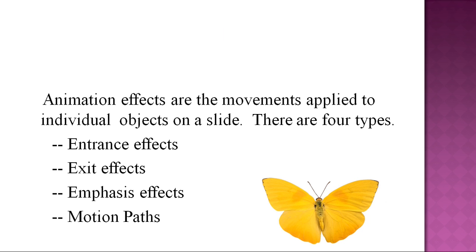The next topic we discussed was animation effects. Animation effects are the movements applied to individual objects on a slide. There are 4 types of animation effects: entrance effect, exit effect, emphasis effect, and motion path.